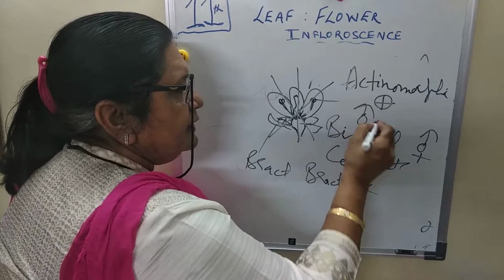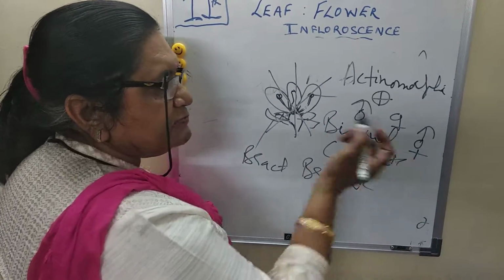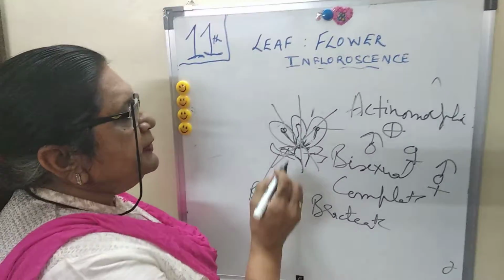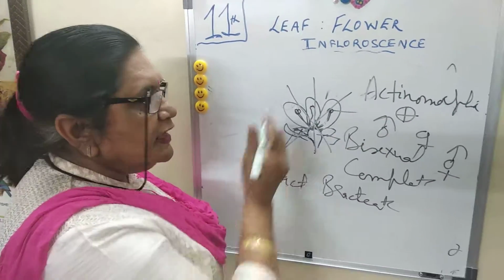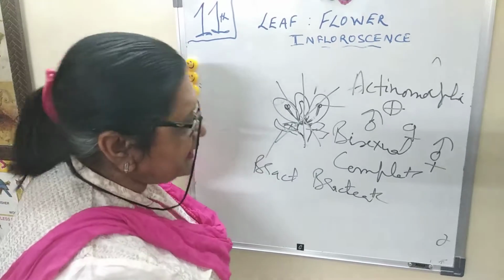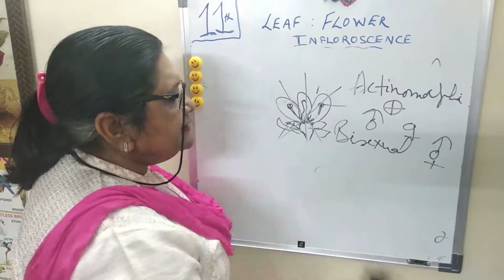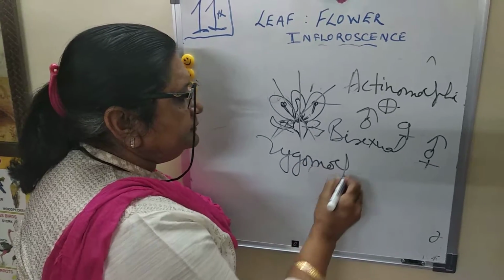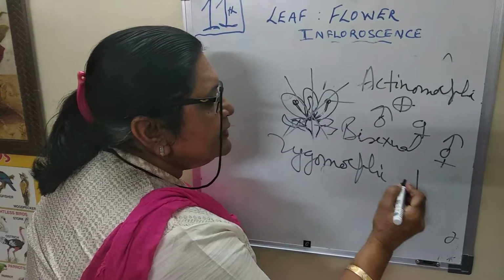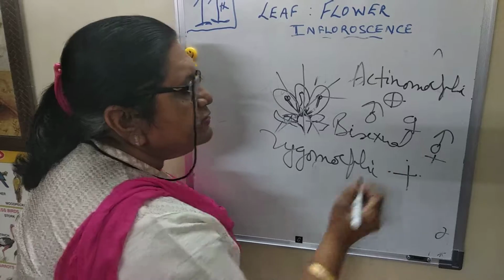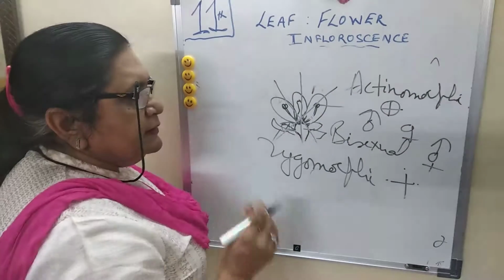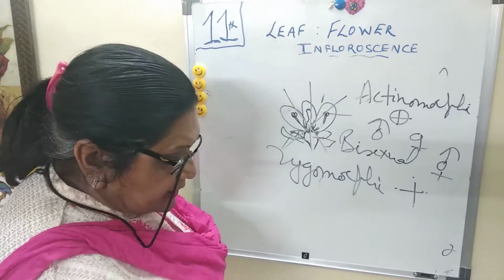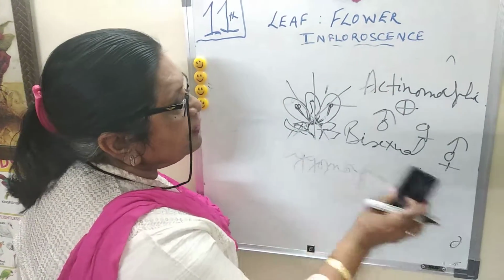This is for male, this is for female, but it is bisexual, like this, when you describe the flower in the paper. Actinomorphic. If the flower can be cut only in one vertical plane, the condition is said to be zygomorphic, and the symbol is like this, zygomorphic, bisexual, right?